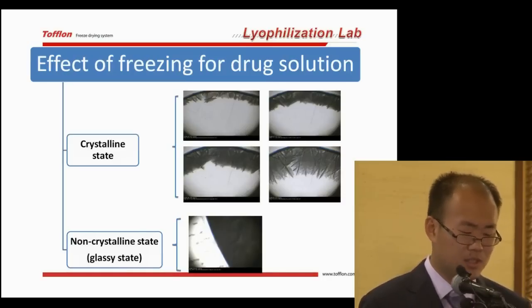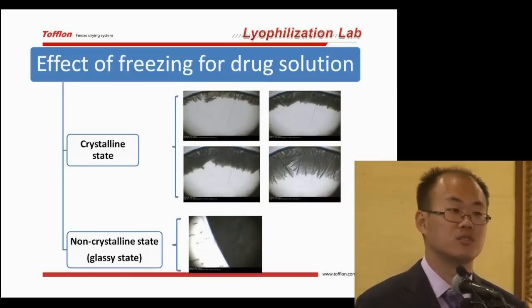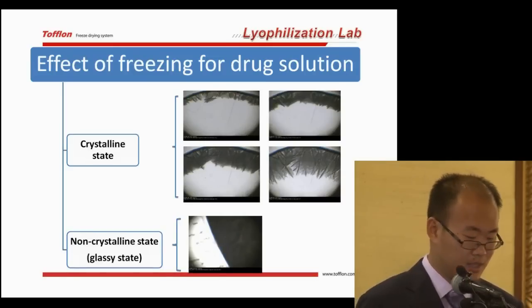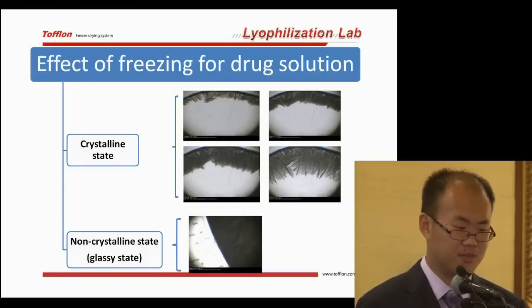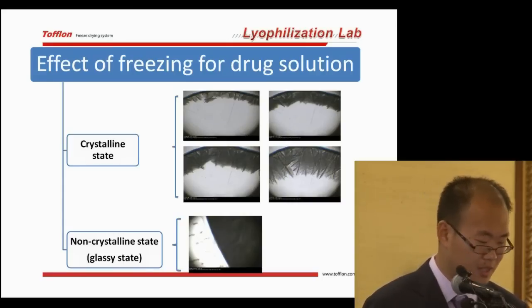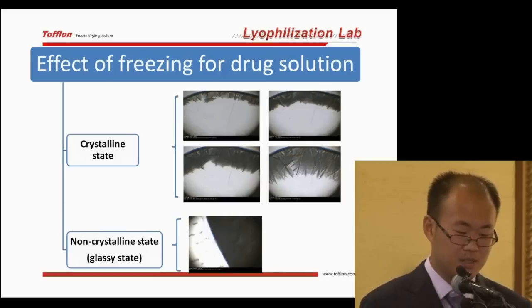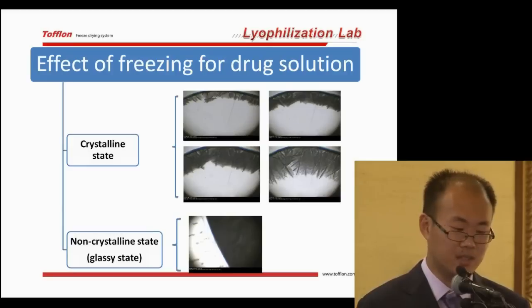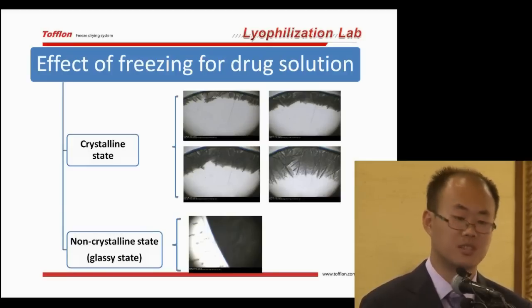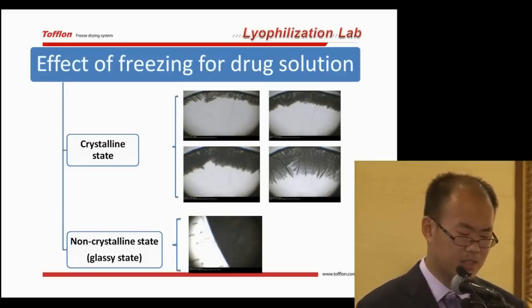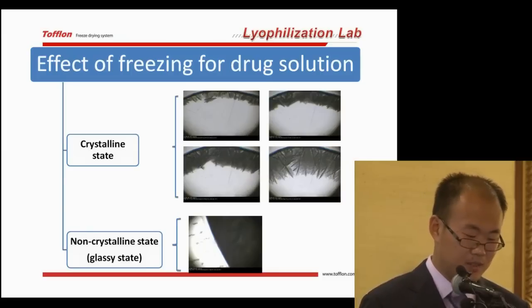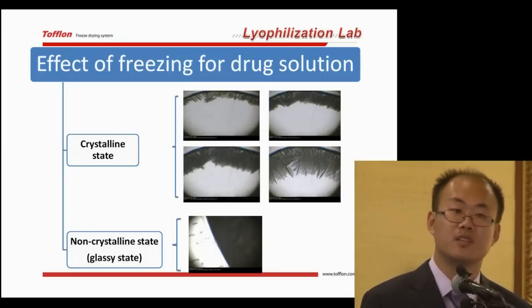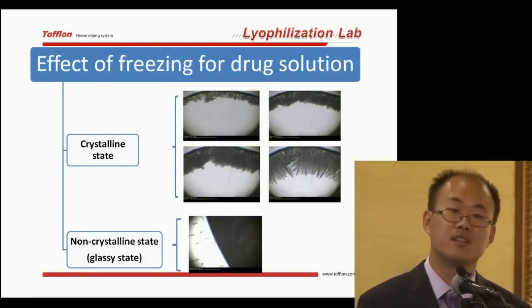The non-crystalline state, for example the sucrose solution, is shown in the right picture down of this picture. We see that there is no crystalline structure as in the upper four pictures. So we call it glassy state. In the glassy state, no crystals appear, but the glassy state is just between the solid and the liquid.